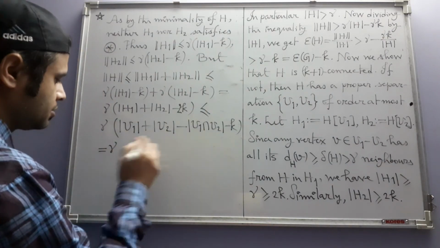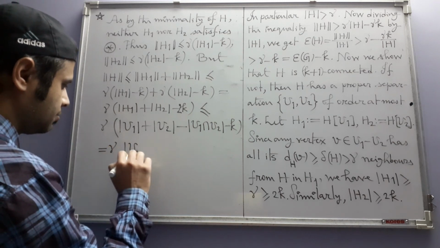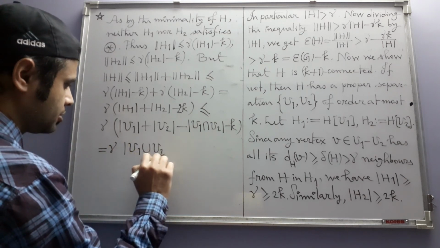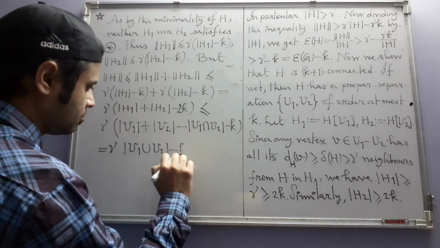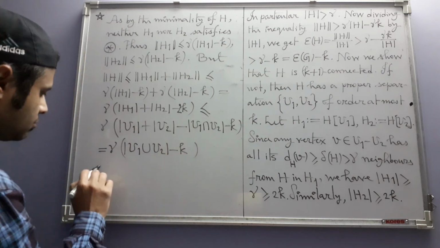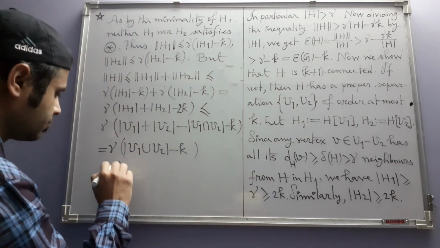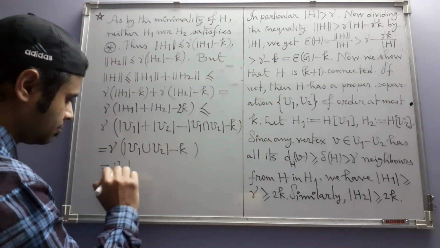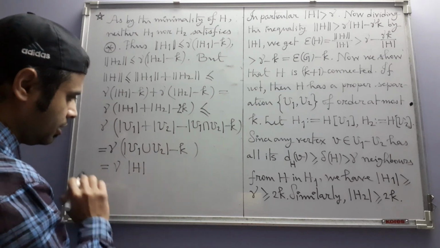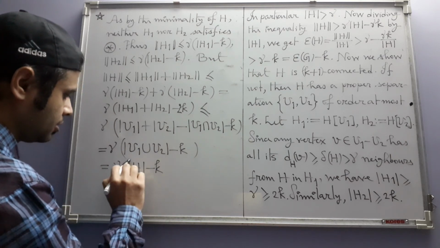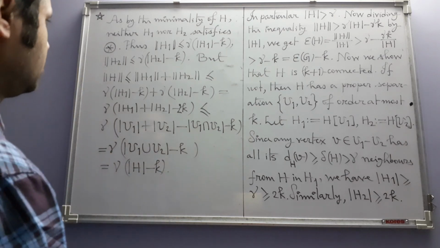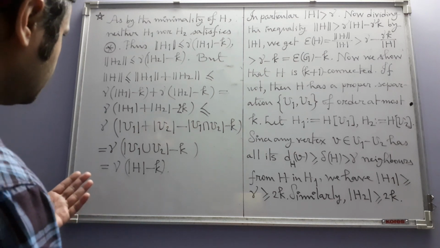Gamma times this is our usual set theoretic formula, because this is a separation, so this is nothing but the order of H minus K, and this is a contradiction.